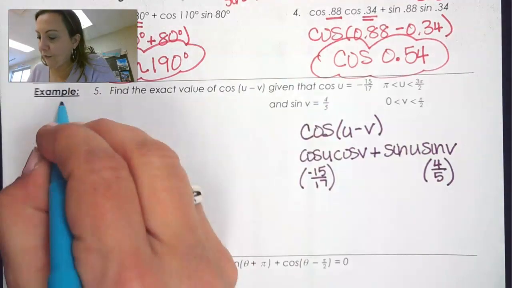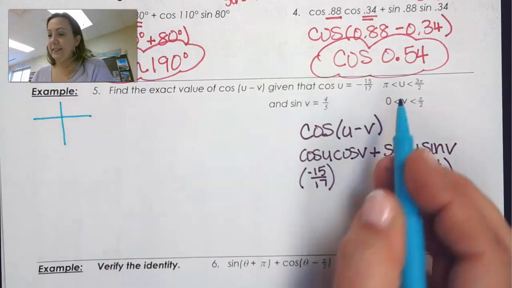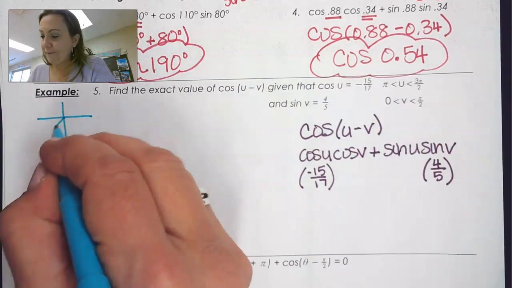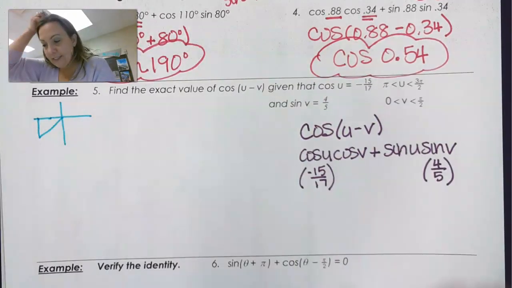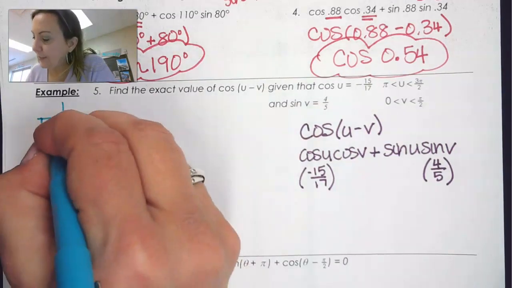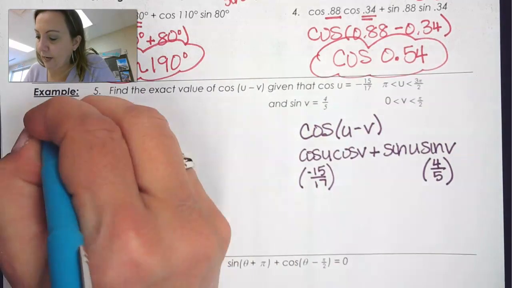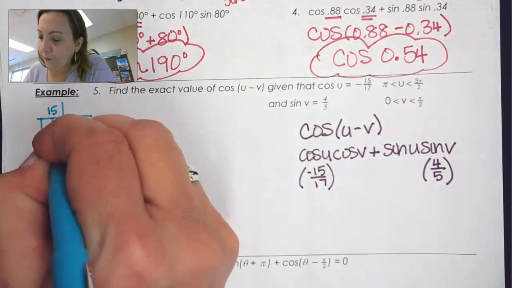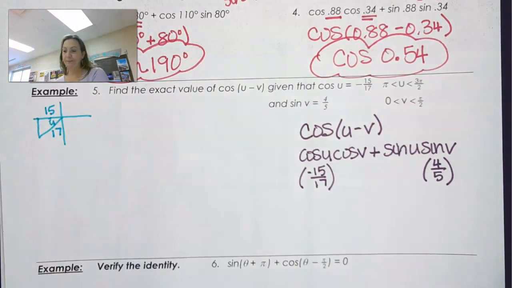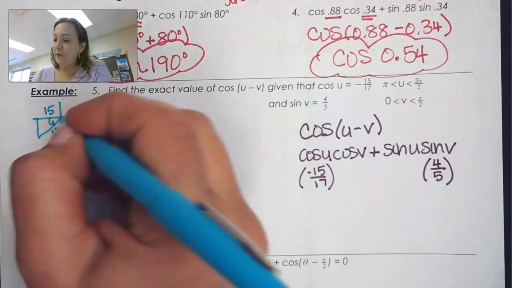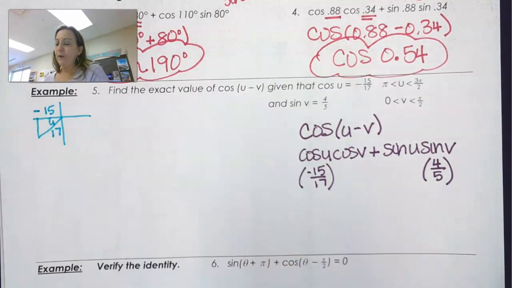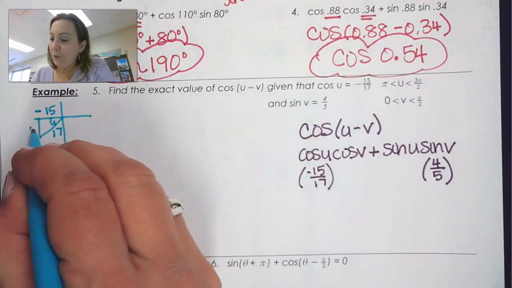Let's draw angle u. Again, this is in quadrant 3. It says that the cosine is negative 15/17, so that means adjacent over hypotenuse. To the left of the origin, this is going to be negative. Then we can find our missing y value.